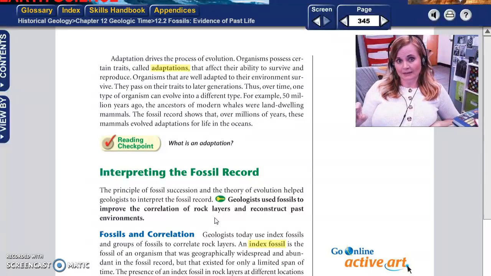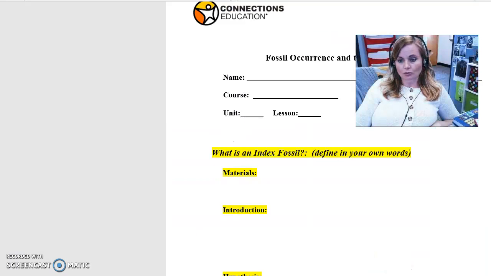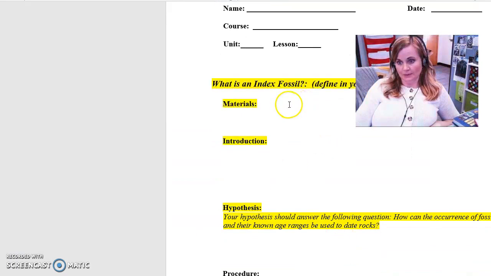That means if I were locating a rock strata somewhere and I found this index fossil, that would be able to tell me approximately how old those rocks are. So I want you to write your definition of index fossil here.